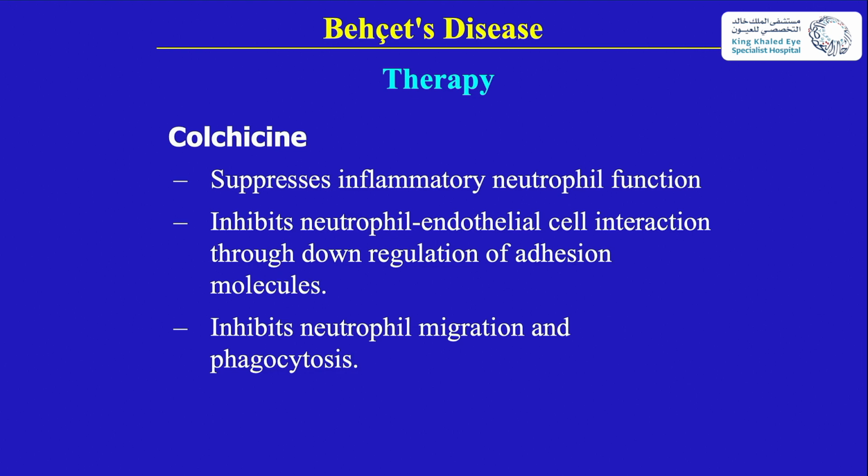Colchicine, as I said, suppresses the inflammatory function of neutrophils and is the most effective drug for mouth ulcers and genital ulcers and skin lesions. It can change the life of a patient. So if your patient is complaining of mouth ulcers, genital ulcers, colchicine is very effective.